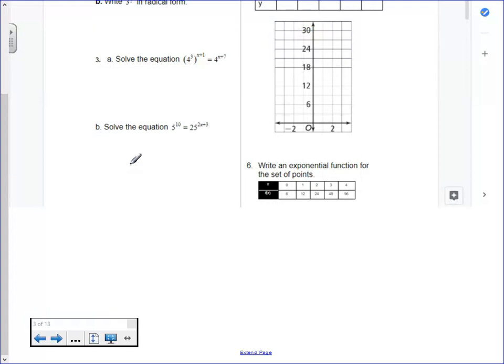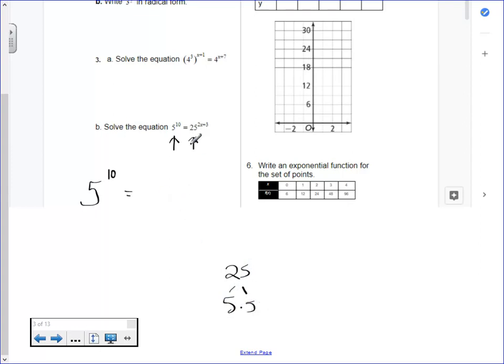Okay, so the first one on the left side has a base of 5, but the right side has a base of 25. So before we can do anything, we both have to have a base of 5. So I'm going to leave this one the same. But I know that 25 can be broken into 5 times 5, which is the same thing as 5 squared.